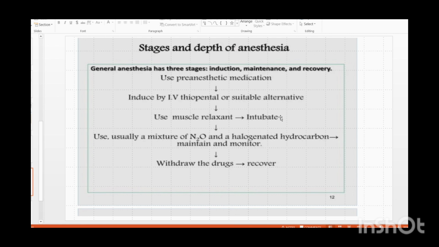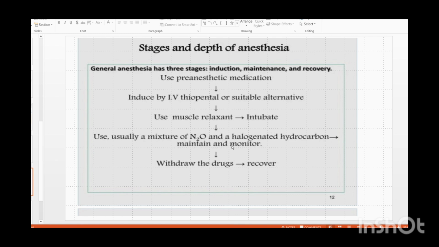It will relax the laryngeal muscle, and after the muscle fasciculation is over, the next step is we will settle the patient. In the intraoperative period, they'll use either nitrous oxide or air and a halogenated hydrocarbon like isoflurane or sevoflurane. Then they'll maintain with a muscle relaxant like atracurium, cisatracurium, or vecuronium based on the patient's condition.